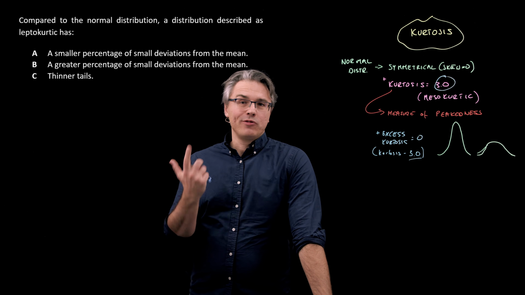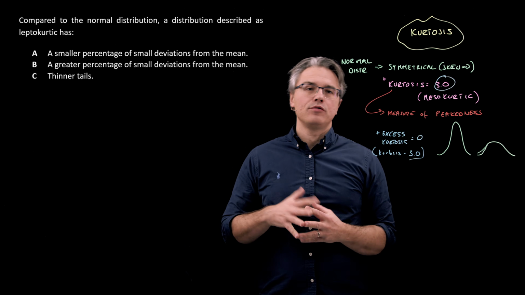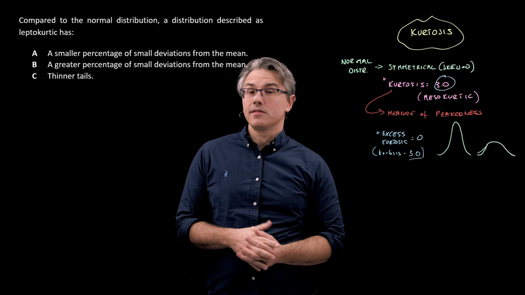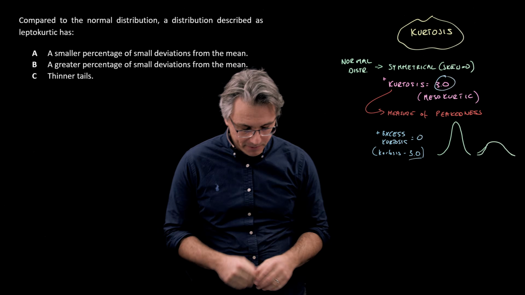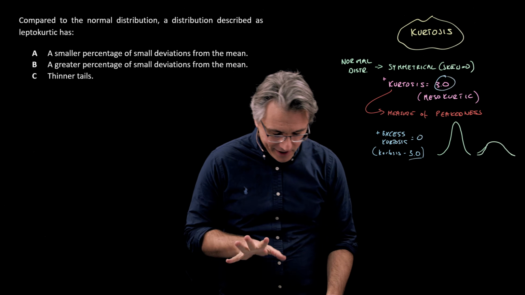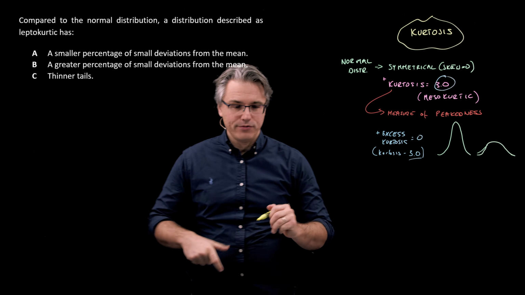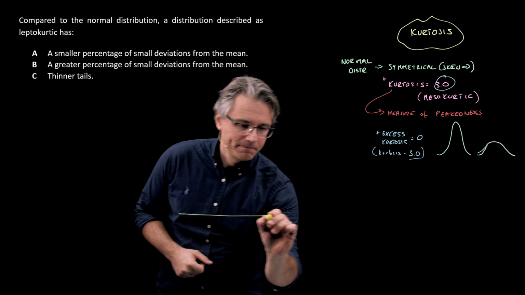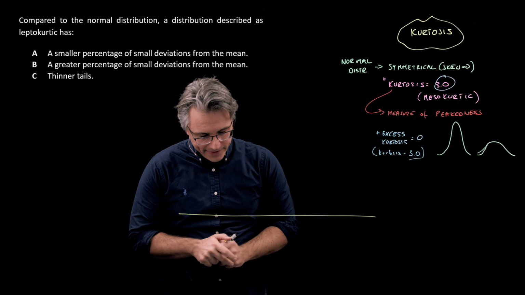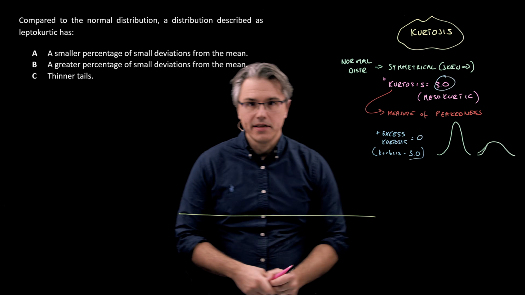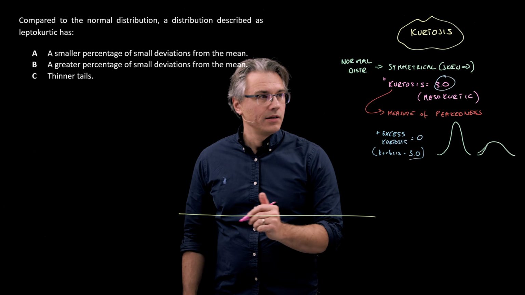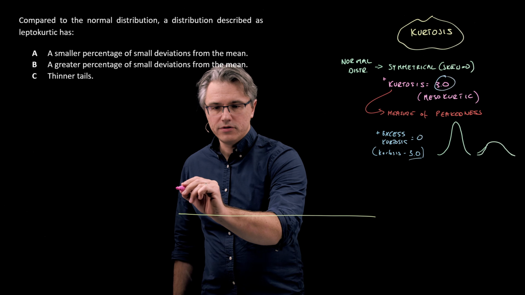Now, you need to not just appreciate that the normal distribution is described as mesokurtic, you'll also need to know what a leptokurtic and platykurtic distribution is. So I'm going to do my best to draw this as well as I can. Let me start with something that will, hopefully, approximate the normal distribution.